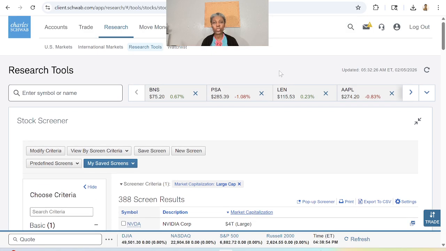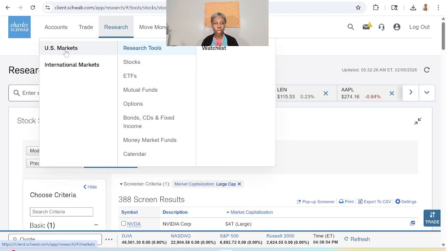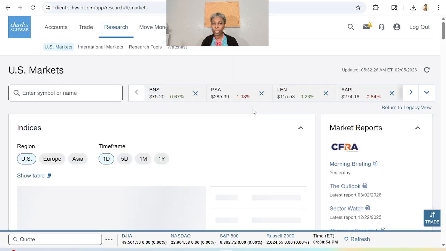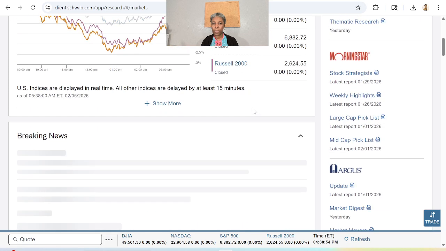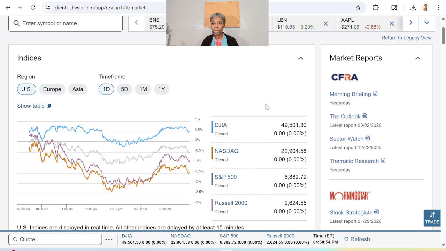I have used another way of finding stocks. Let's go to it.